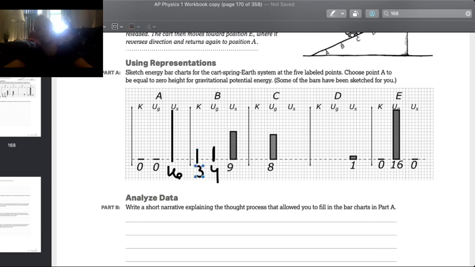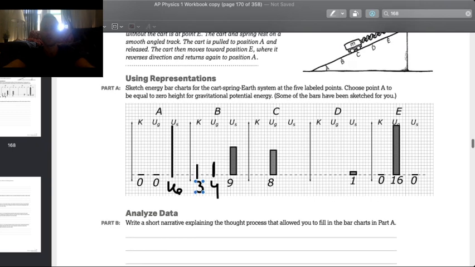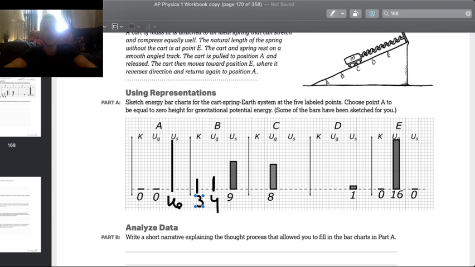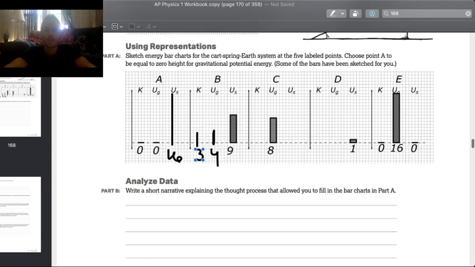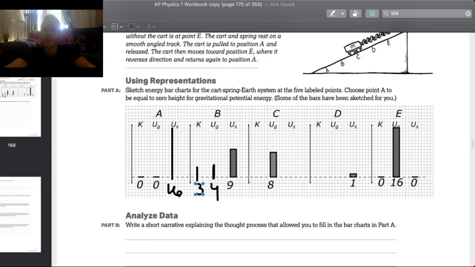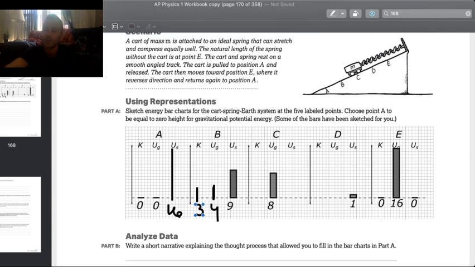At point C, we've doubled in elevation from point B, so we're going to have 8 gravitational potential energy. As far as elastic potential energy, well, let me do point D first, because that'll make it easier.